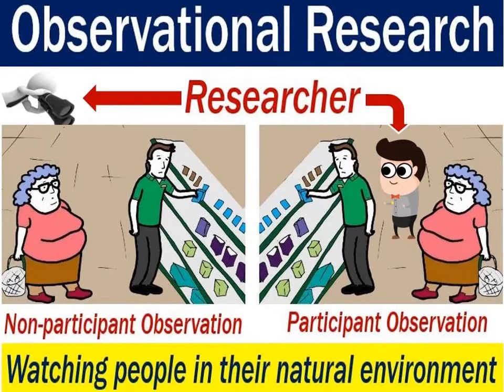In observational research, the researcher sometimes is a participant and sometimes not. Here you have seen in the picture non-participant observation images and participant observation images. Sometimes the researchers are involved in the organization system and collect the data for their studies, and sometimes the researcher and observers are not participants in the organization and not physically participating in the organization setting.